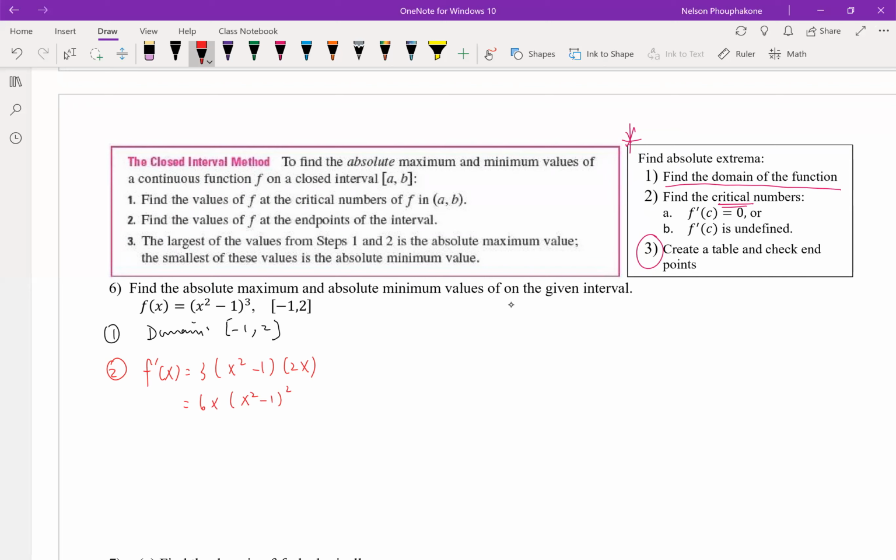Okay. And then number 3, we would like to find the critical numbers now. So I have 6x squared minus 1 to the square, then we will have x equal to 0.